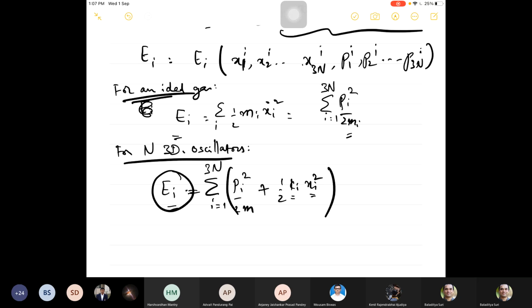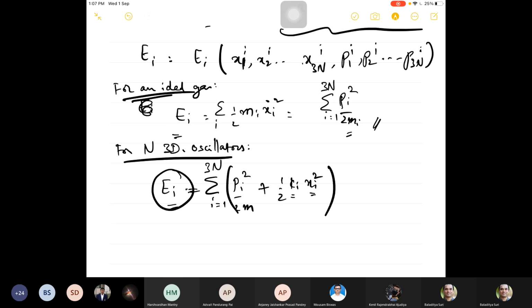Question? Sir, why are you assuming that these are simple harmonic oscillations? Well, I'm not assuming anything. I'm considering such a system. For other complicated systems, you have to write the energy function accordingly. For an ideal gas, this would be the energy. For a collection of capital N oscillators, this would be the energy.